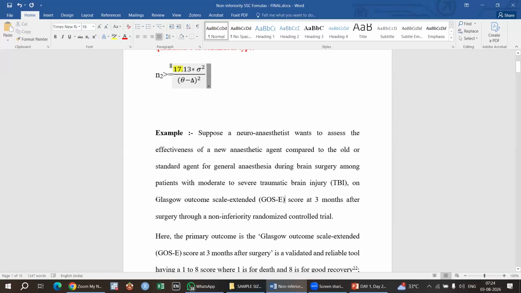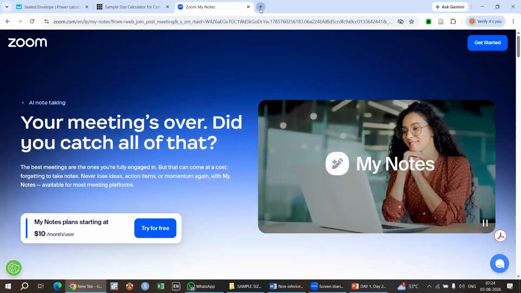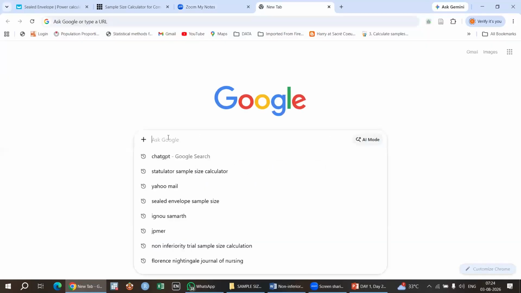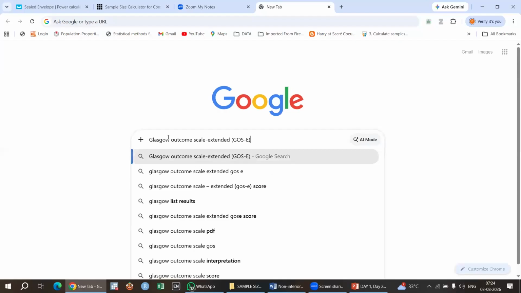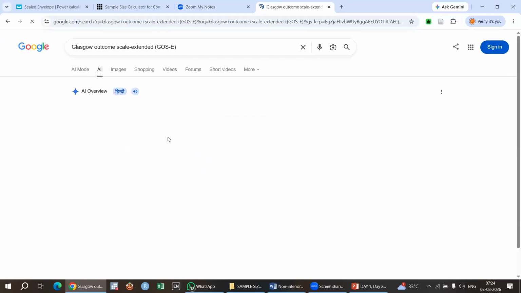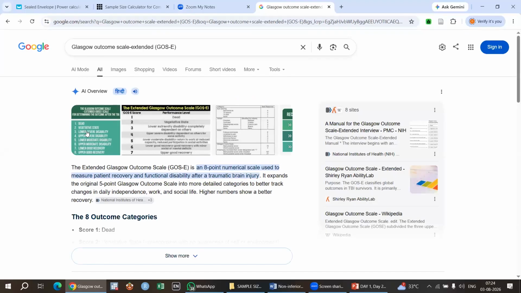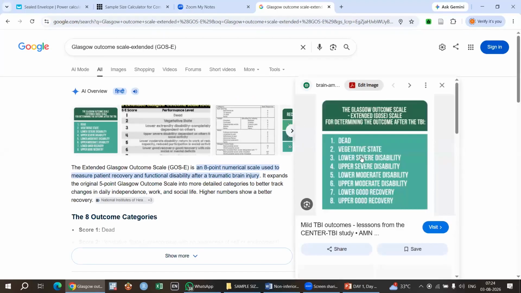What is it? If you want to learn about this, please Google it, and then you will get more and more. Then you can read it. What is this? It is like the Glasgow Coma Scale.